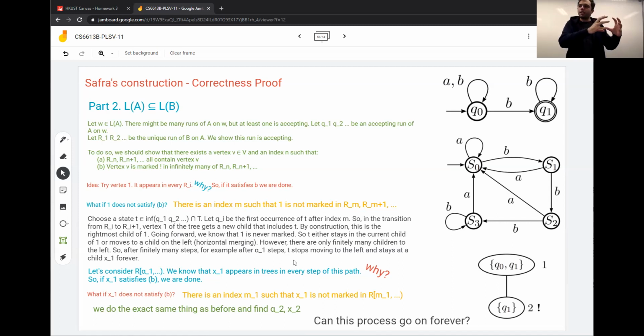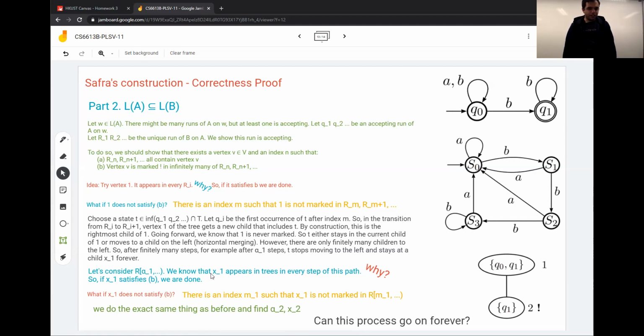And let's call this child X1. So let's see what happened. Let's only look at the run from this point onwards. Let's only look at the run from the index alpha 1. So we know that X1 appears in every tree that we see from this point of the run onwards.